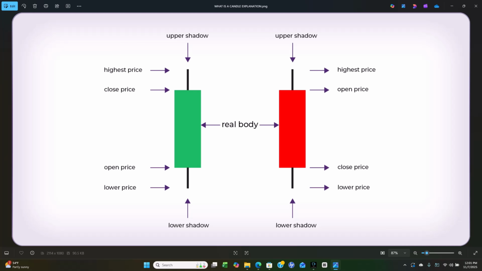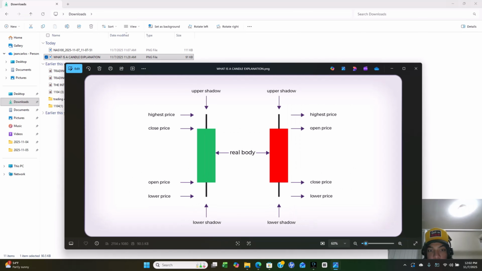Let's say these are candles, right? This is the close price over here. Hopefully you can see the arrow of the mouse, right? These are called wicks, right? Give me a second. Okay, hopefully you can see it.